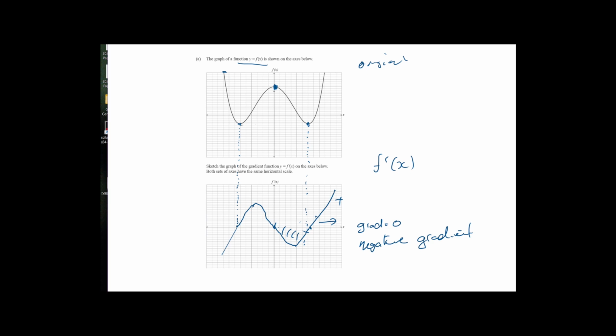From here to here, it's positively sloped, so that must be all above the x-axis, and everything from here on is negatively sloped, so all of that must be below the x-axis. Practice with some, write some out, sketch them. Once you get it, it's not too hard to do those.